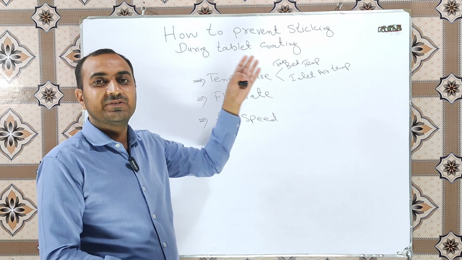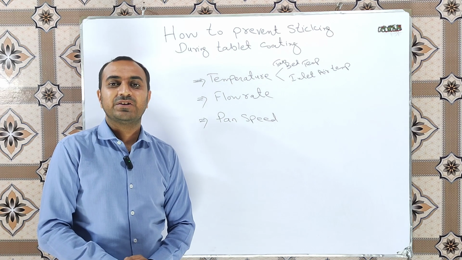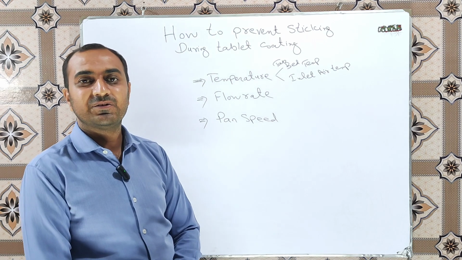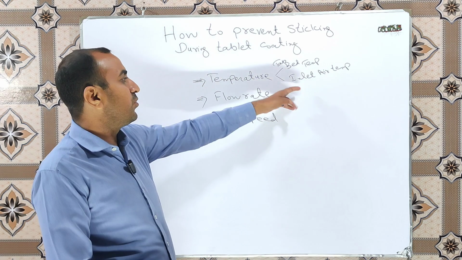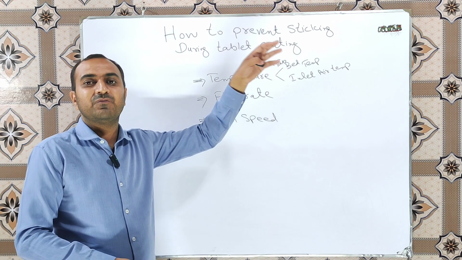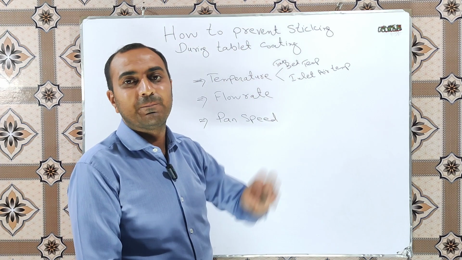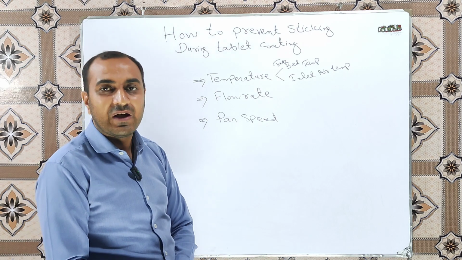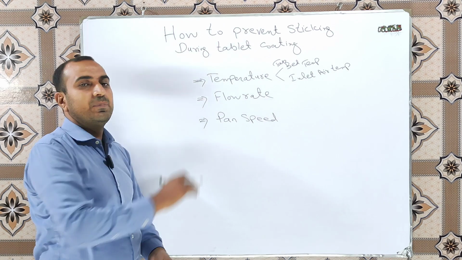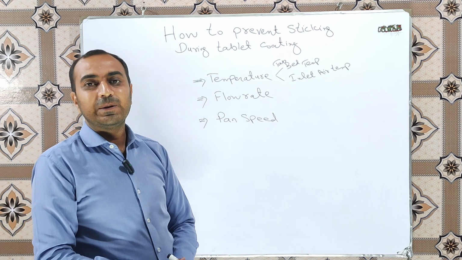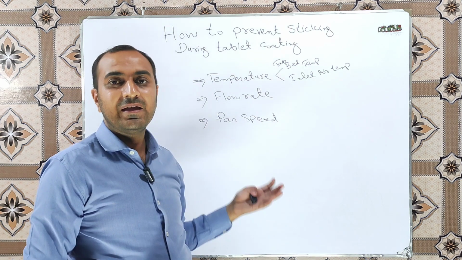So this one is the main causative agent for the tablet sticking. Whenever your inlet air temperature falls, your tablet surface temperature will also fall and the tablet sticking defect will be observed. Why?